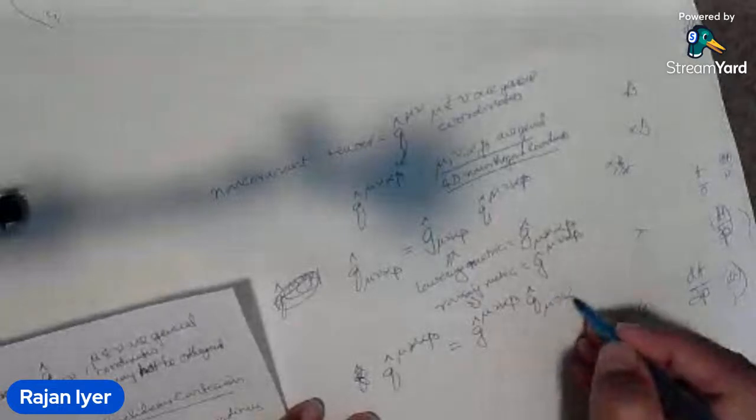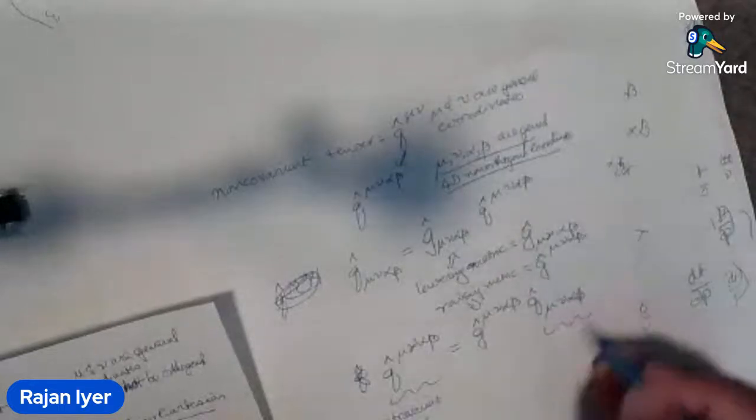This is our contravariant tensor, this is the covariant tensor, and this is called the metric tensor.